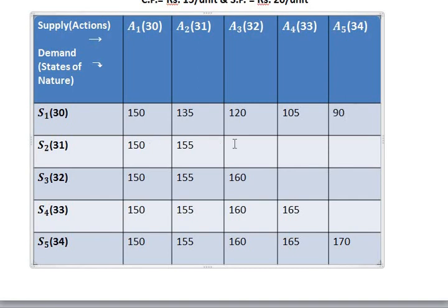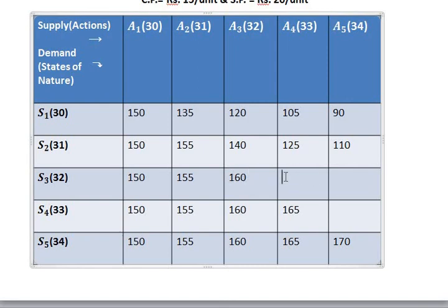Okay, now here, what about the profit? Profit is 155. So minus 15, it is 140, right? Minus 15, so it is 125. Again minus 15, 125 minus 15, it is 110. Okay. Now here, 160 is the profit, minus 15.